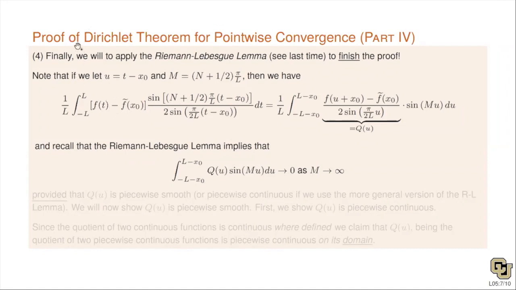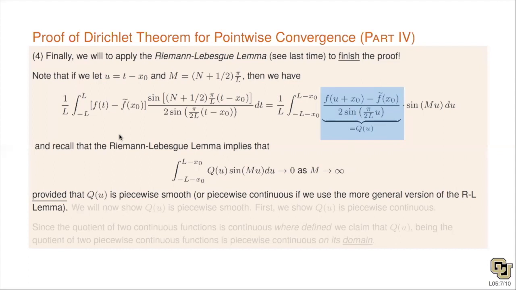So now, if you accept that q of u is piecewise smooth, if you say, I have a lot of experience with functions, and looking at this function, it's piecewise smooth, and I believe that, then we're essentially done with the proof. Now there's one final irritating detail, and I don't even know why I'm doing this, but I guess it's because it's a math class and it's an analysis class, so we should probably do some of that.